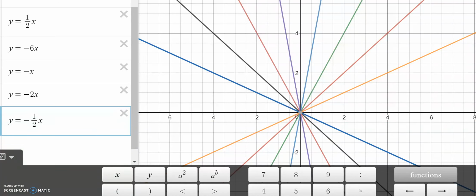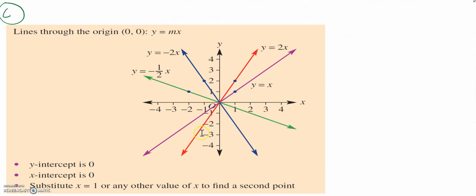Okay, now so going back, I'm going to actually cut this out and paste it on our OneNote page, so you can have a look at that later. Okay, so going back to our OneNote page, that's exactly what that is. The lines are going through the origin.